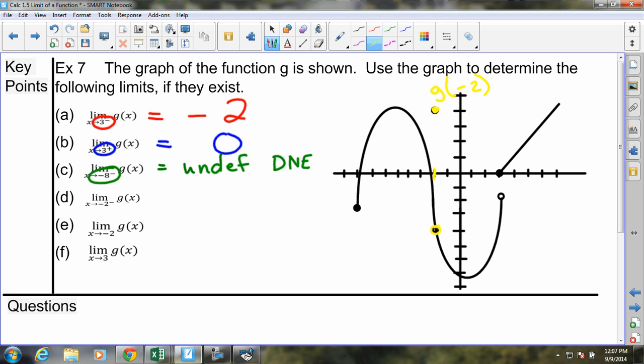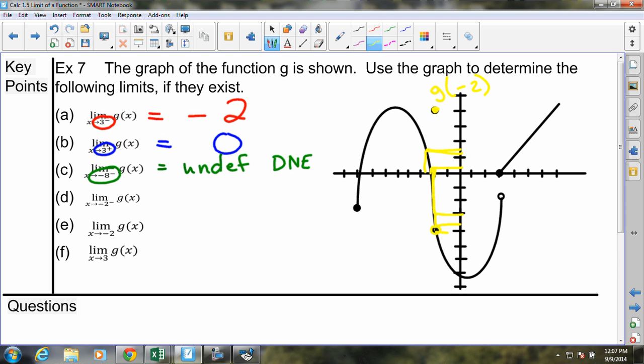As we are closing in from the left-hand side, where is the function actually going? So if we're at negative 2.5, if we're at negative 2.1, negative 2.01, negative 2.001, what is it closing in on?